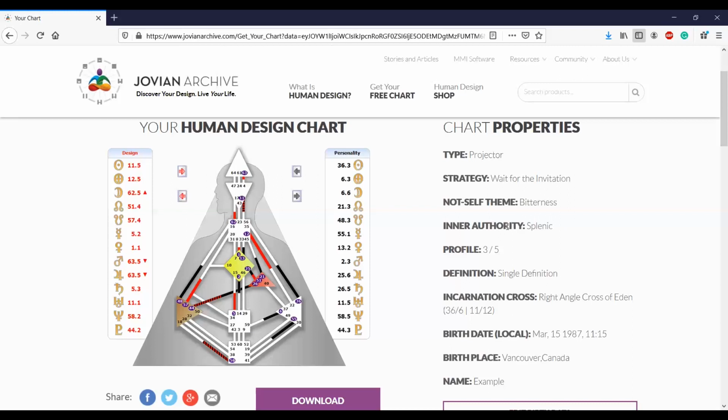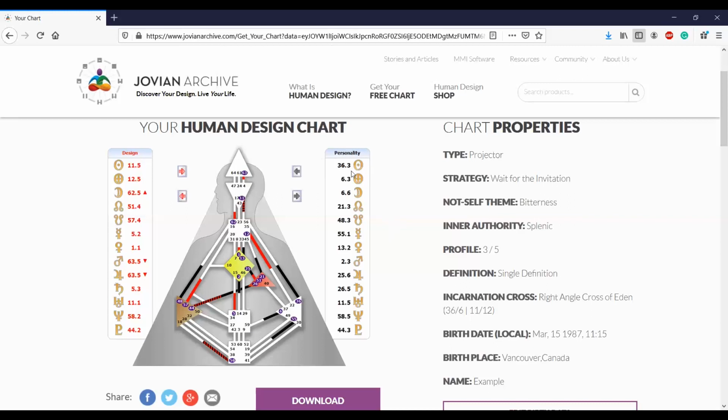Okay, then we have profile. Profile is something worth checking to see what your role in life is and how people perceive you. There are 12 different types, which are made of conscious personality sun. And for that, we have to see this birth chart, where you can see here, the first one is personality, and this is the sun side.